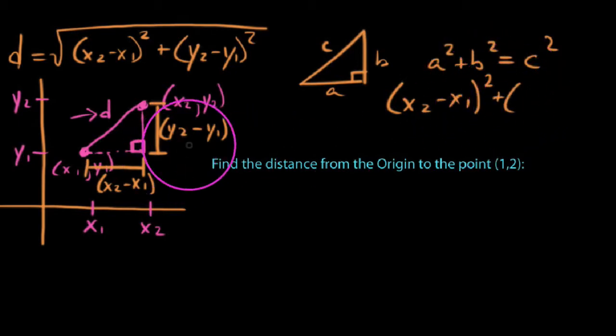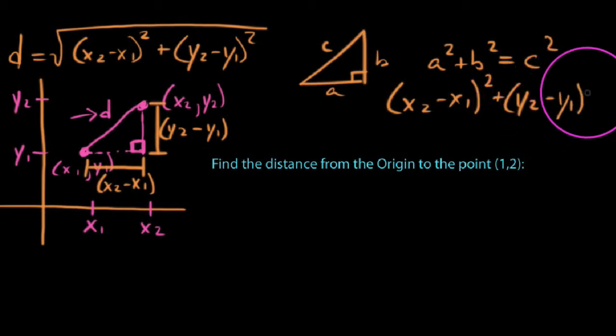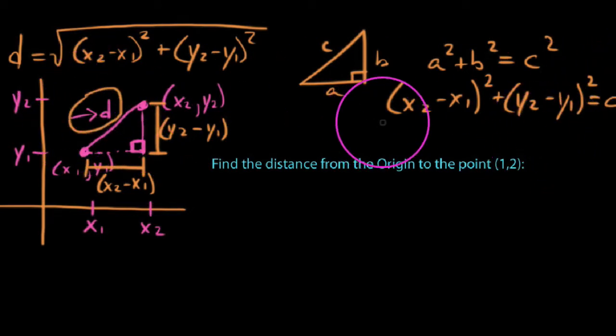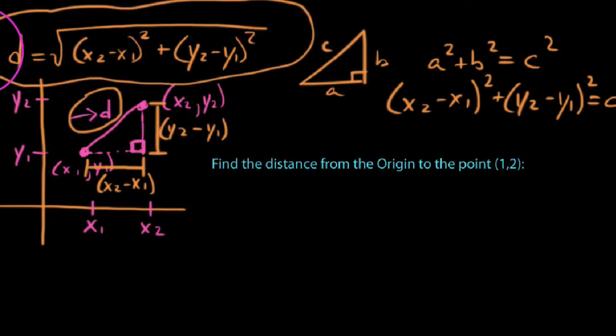Plus the other leg squared, y2 minus y1 squared, and this equals the hypotenuse squared. We're calling the hypotenuse this distance d, so we say d squared. But what we want is just d, so that's what leads us back to this formula. To get d squared to be just d, we take the square root of both sides, and it yields this formula.